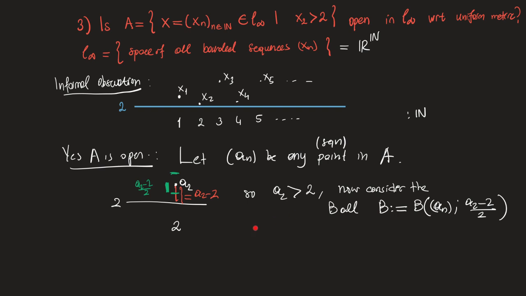It means that it is in the set A. It means that this ball is entirely in A. Okay. My finishing claim is that the ball is entirely in A.